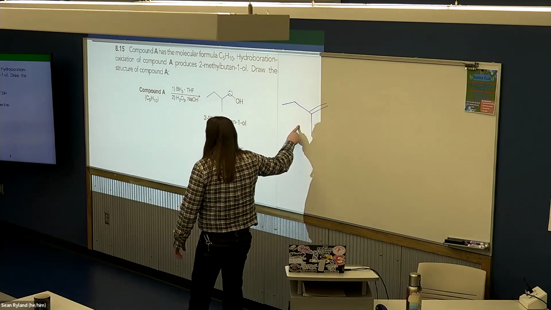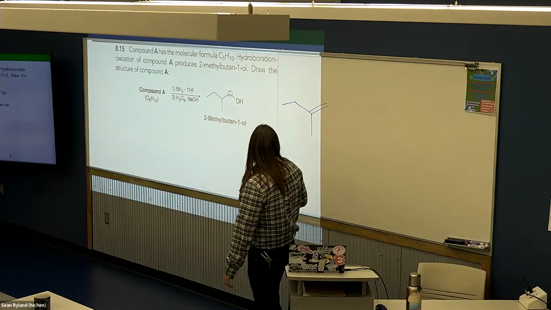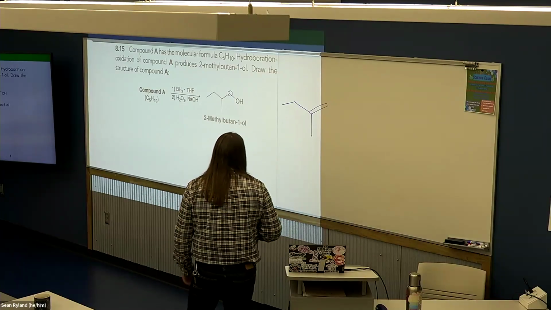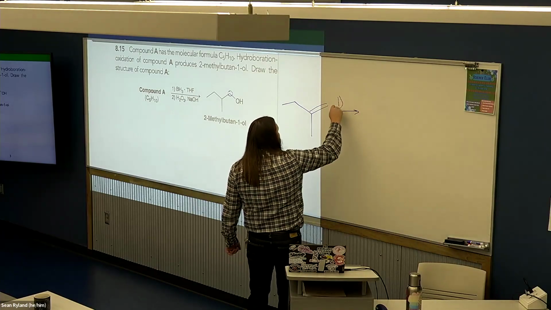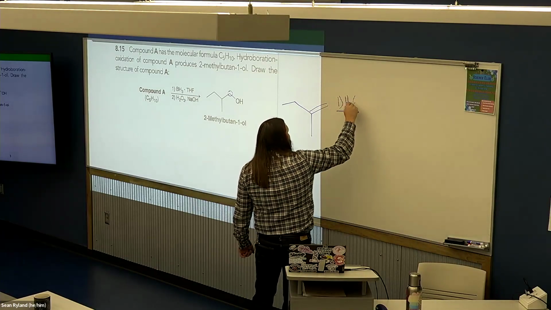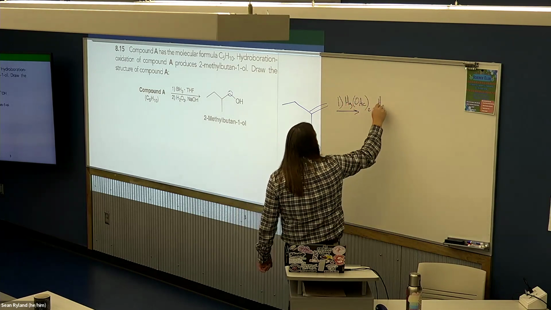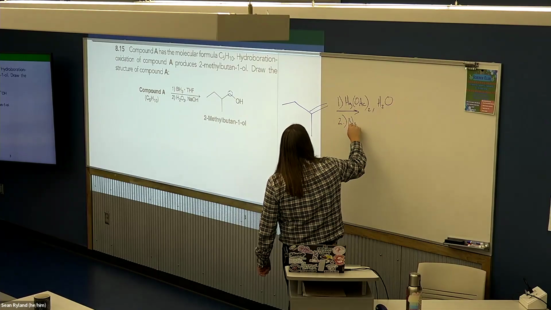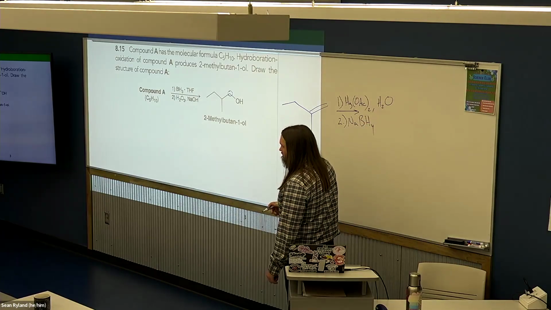If we started from this molecule and we put it through the oxymercuration reaction instead, what would we get? The pi bond goes away.